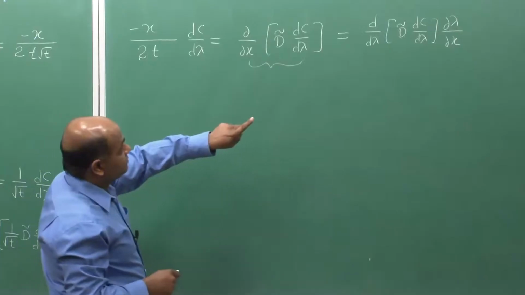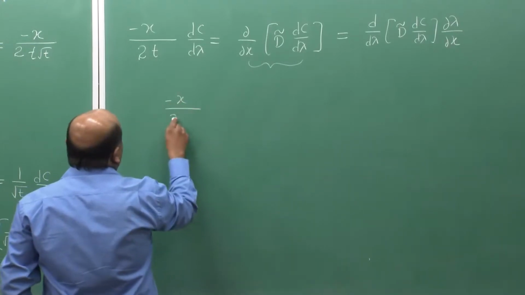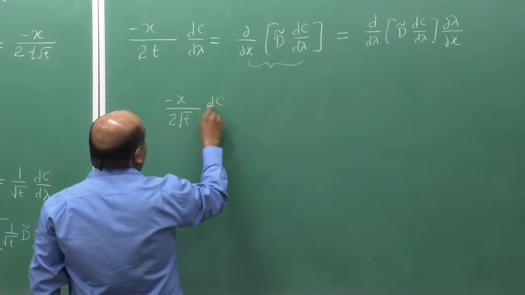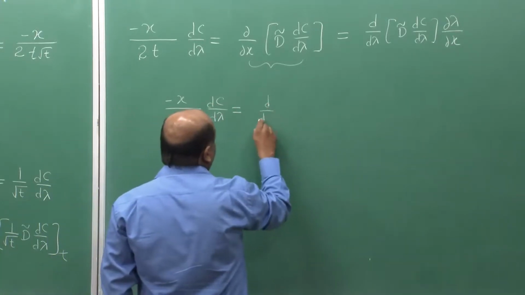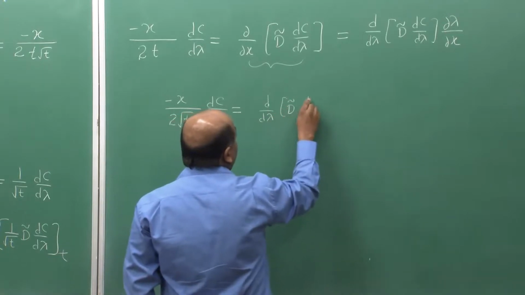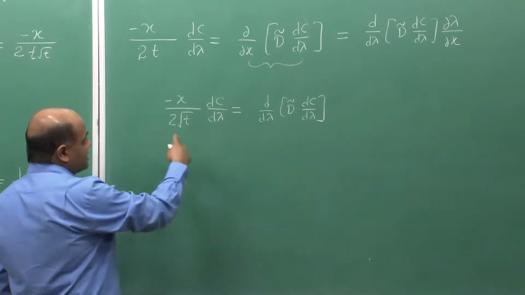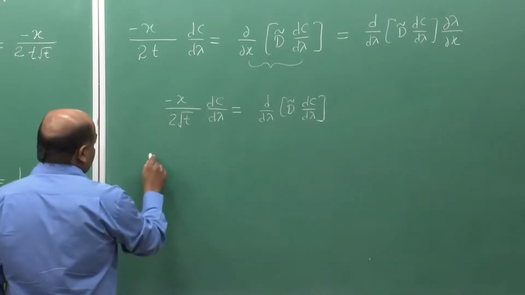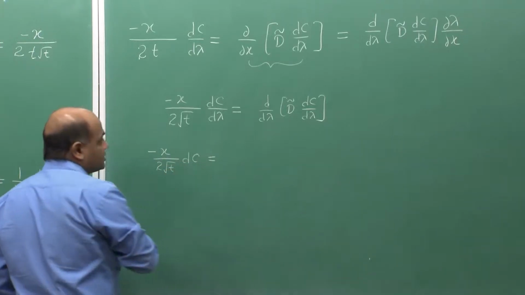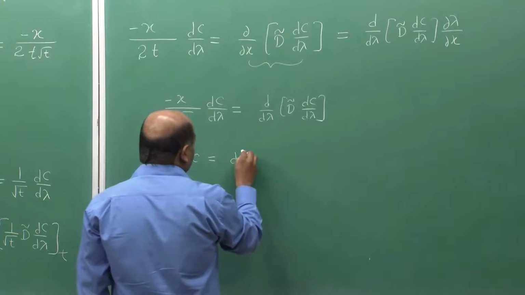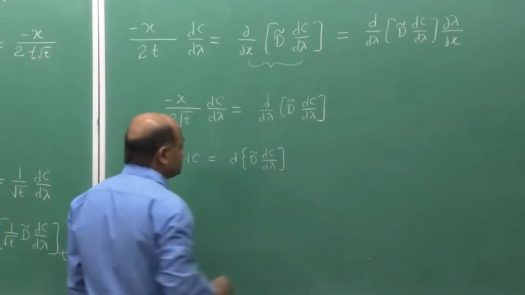So, if we substitute for ∂λ/∂x, we get minus x over 2 root t dC/dλ should be equal to d/dλ of D tilde times dC/dλ, and if you multiply both sides by dλ, we end up getting minus x over 2 root t dC should be equal to d of D tilde dC/dλ.